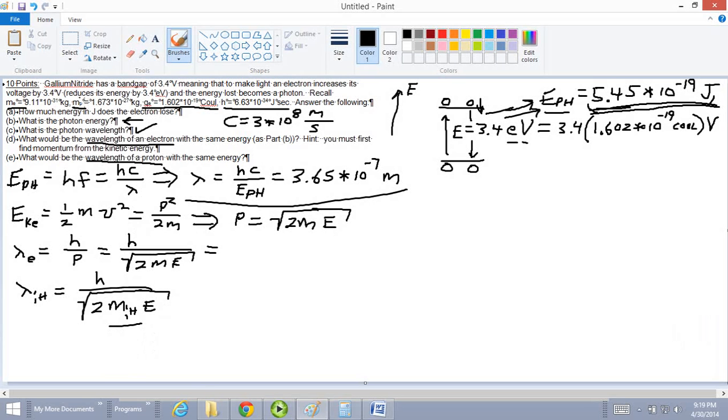Up here, we used MP for mass of proton. The rest of this problem is plugging and chugging. This answers part D, wavelength of the electron, and this answers part E, wavelength of the proton.